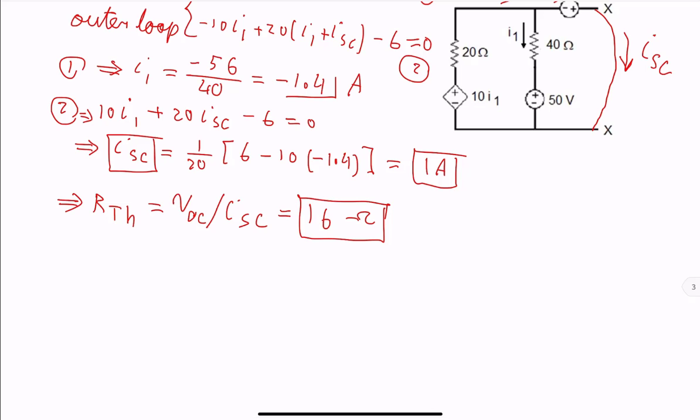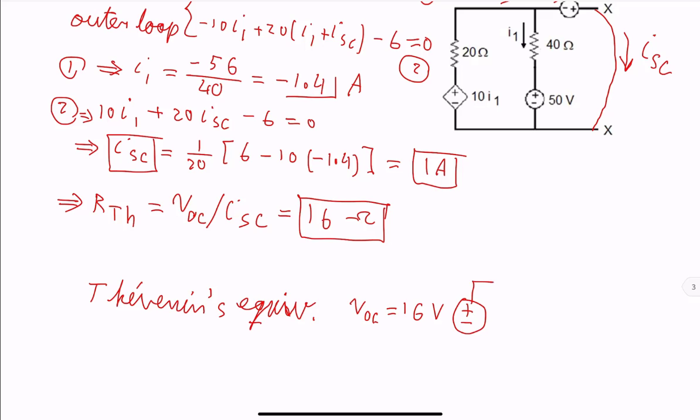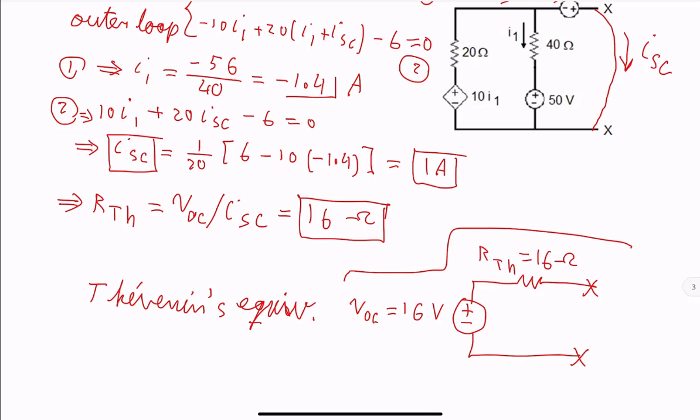So Thevenin's equivalent of the circuit is a practical voltage source with voltage VOC equal to 16, and Thevenin's resistance of 16 ohms, and that's the Thevenin's equivalent at XX terminals.